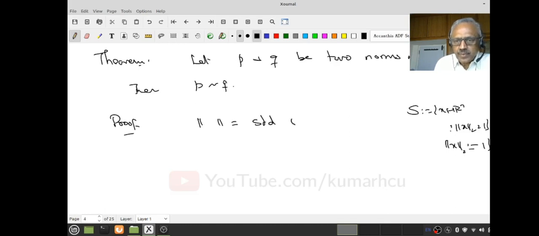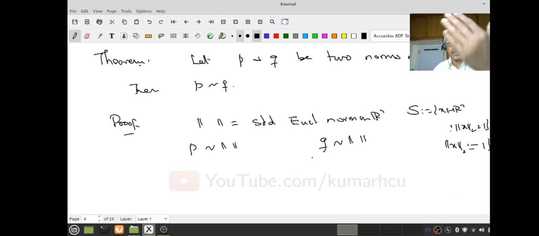Let this be the standard Euclidean norm on Rn. I will prove P is equivalent to this norm. Therefore, I will also show Q is equivalent to this norm. Give me any norm P, then it's equivalent to the Euclidean norm. Therefore, as P is equivalent to the Euclidean norm, and the Euclidean norm is equivalent to Q, P is equivalent to Q. That will follow.